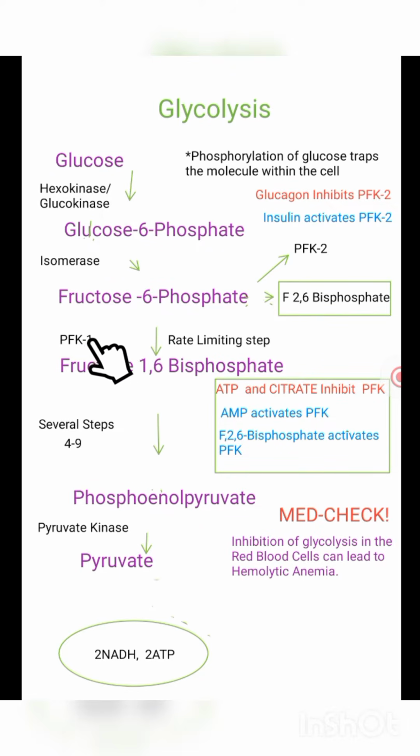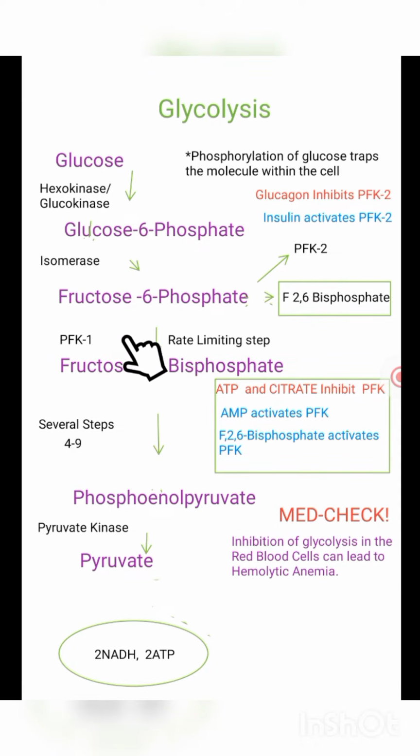PFK adds a second phosphate group to make fructose 1,6-bisphosphate. The addition of a second phosphate group commits this molecule to glycolysis, and that's why we refer to this step as the committed step as well, because it commits this molecule to nothing but glycolysis at this point.